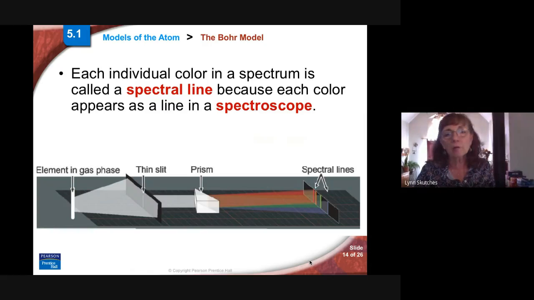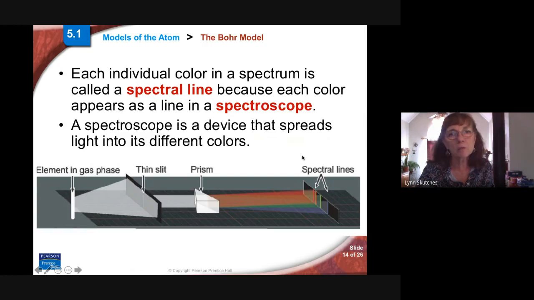Turns out certain colors are related to certain energy, right? We had a little hint of that in our electromagnetic spectrum information last week. Color is directly related to energy and wavelength of light. And somebody made that connection, and that somebody was Niels Bohr.